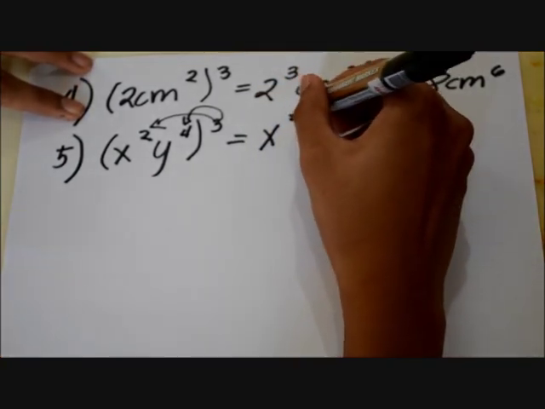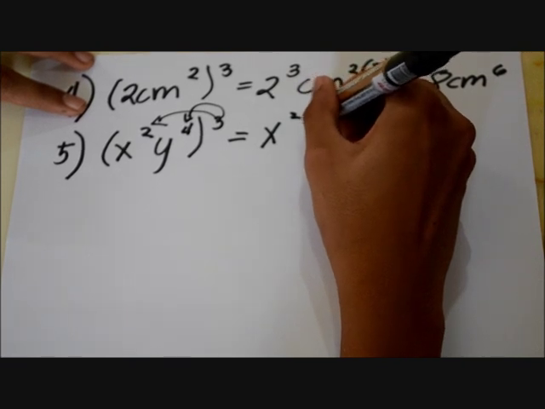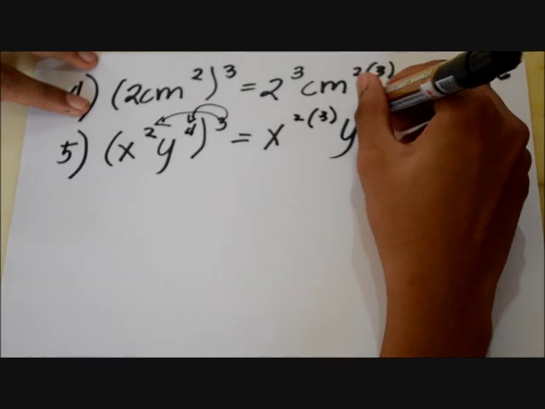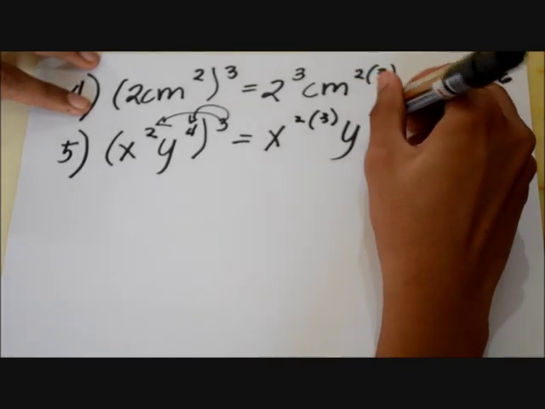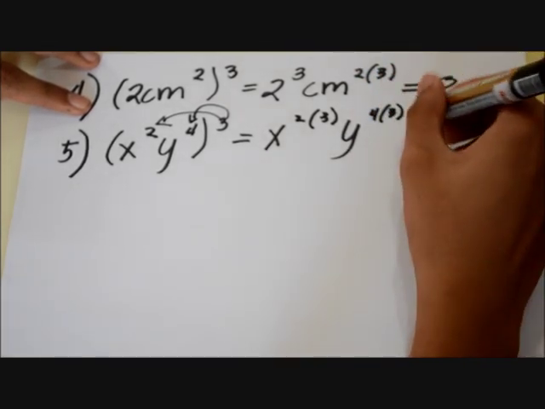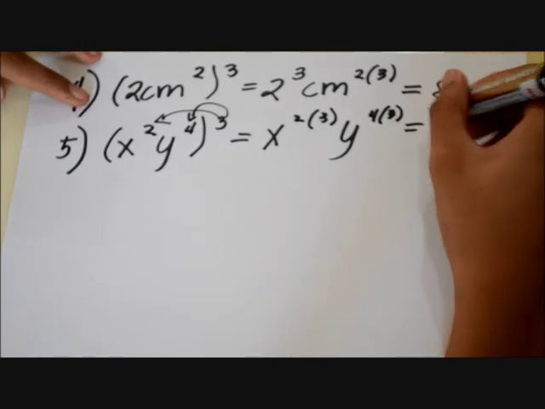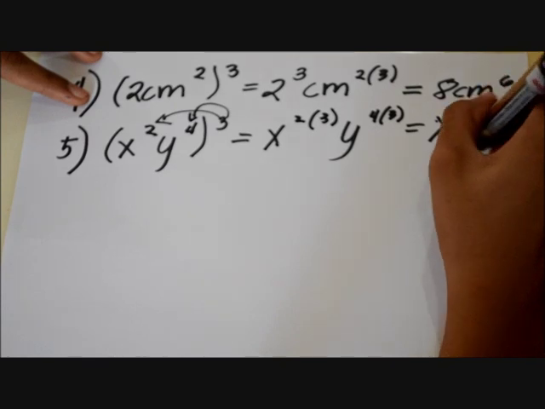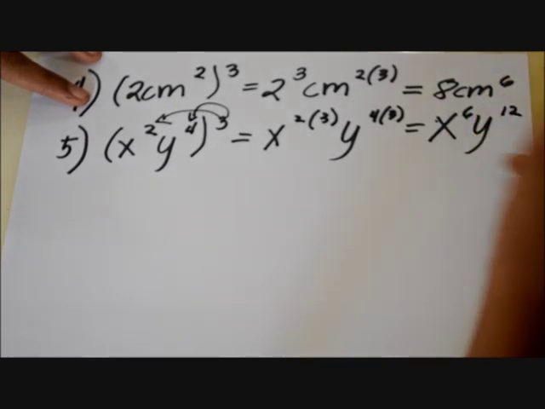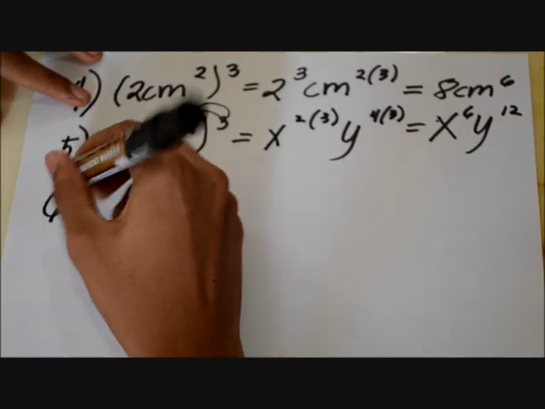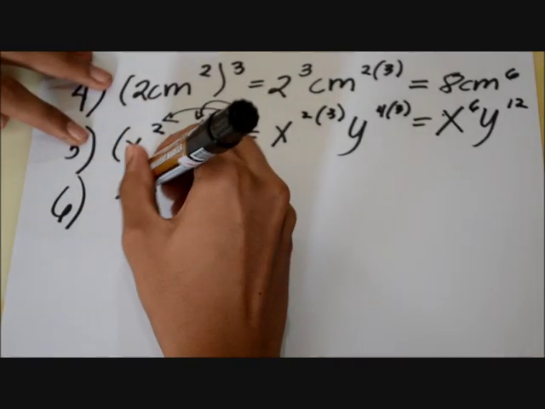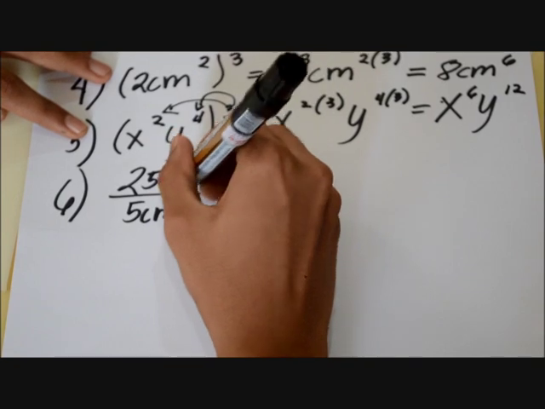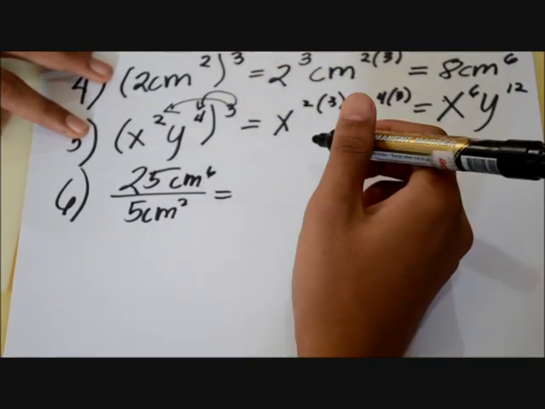That gives us x squared times 3 and y to the power of 4 times 3. Remember that we only multiply the exponents. That would give us a final product of x raised to the power of 6 and y raised to the power of 12.